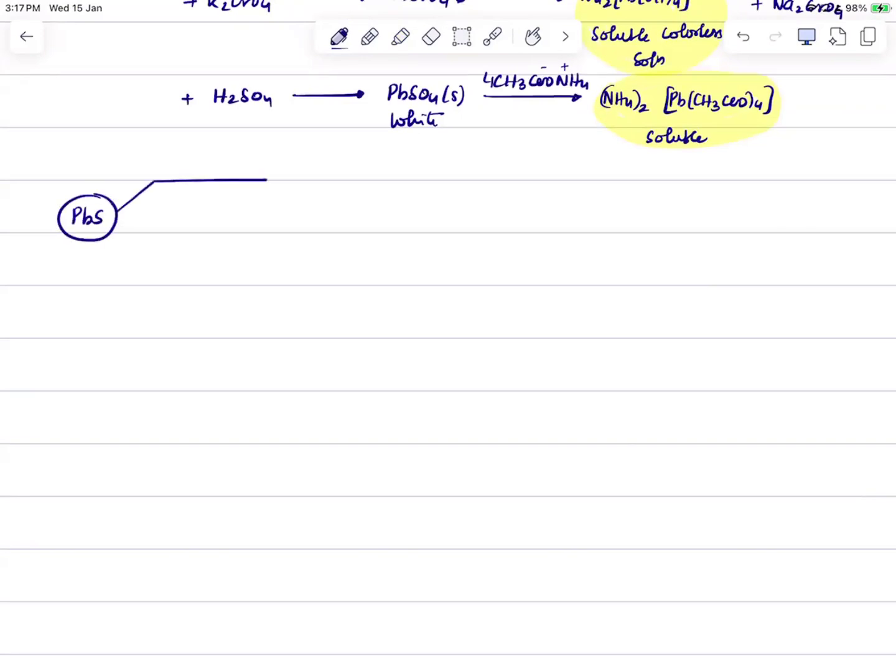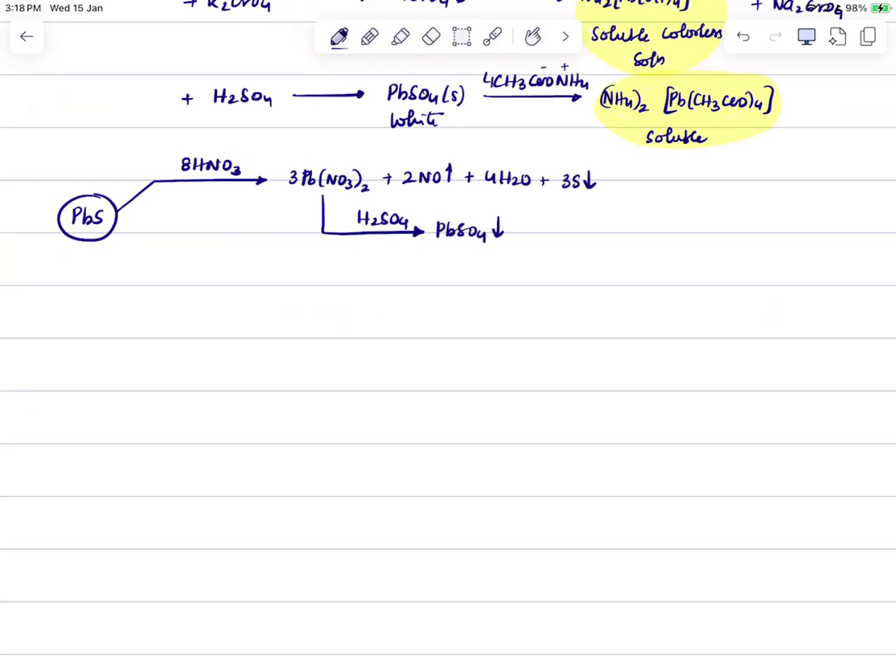First, PbS plus 8 moles of HNO3 converts into 3 moles of Pb(NO3)2, which is soluble, plus 2 moles of NO gas, plus 4 moles of H2O, plus 3 moles of colloidal sulfur. This is the colloidal sulfur which you will get. And as you treat Pb(NO3)2 with H2SO4, it converts into PbSO4, a white precipitate.